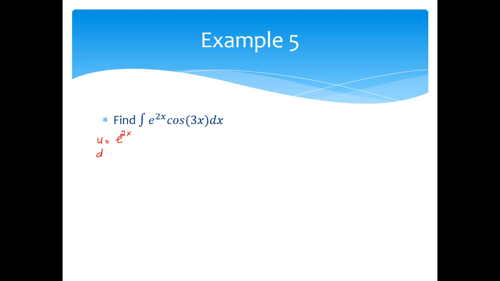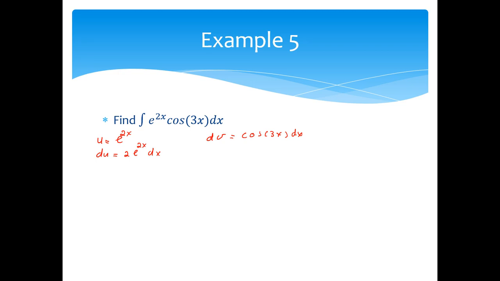That means du equals 2 e to the 2x dx. And then let's choose dv to be equal to cosine of 3x dx.